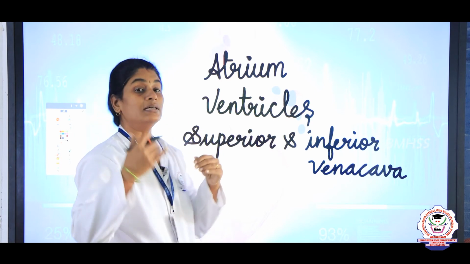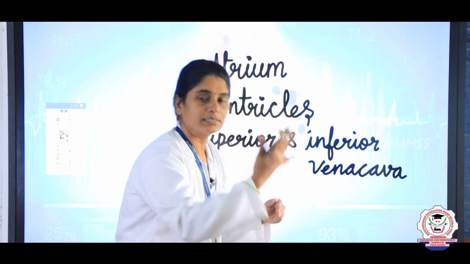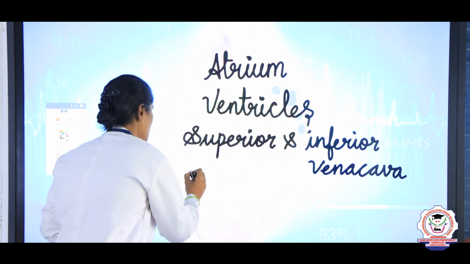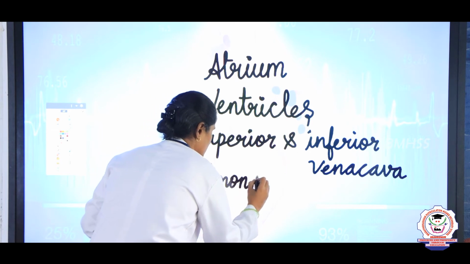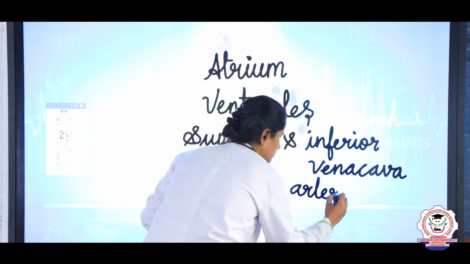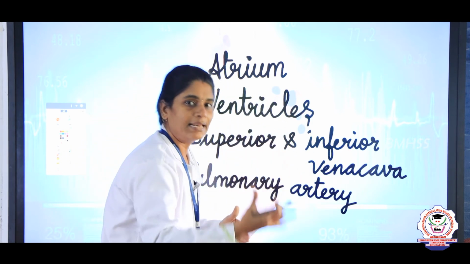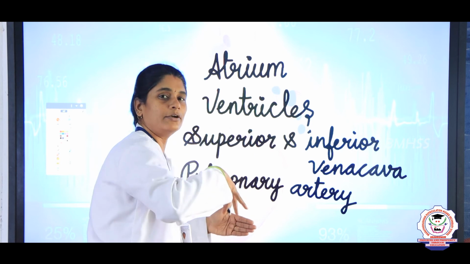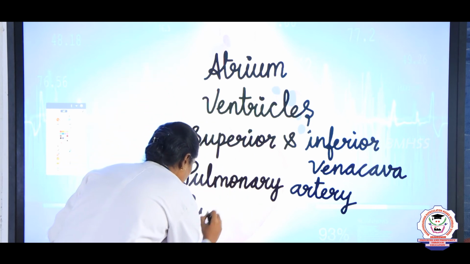Then the deoxygenated blood is sent to the lungs by the pulmonary artery. And from the lungs, the oxygenated blood is collected and sent into the heart through the pulmonary vein.